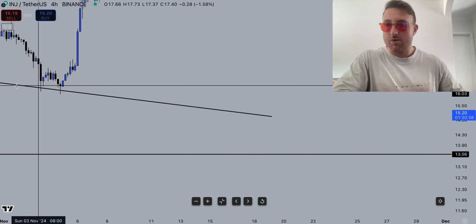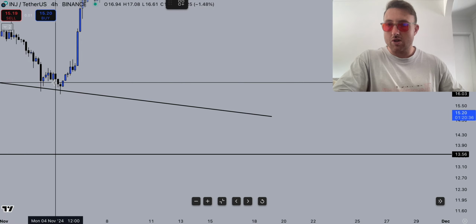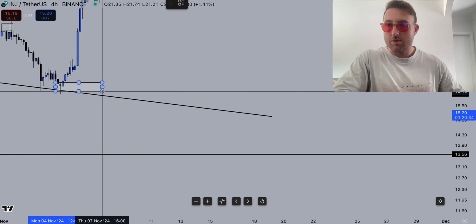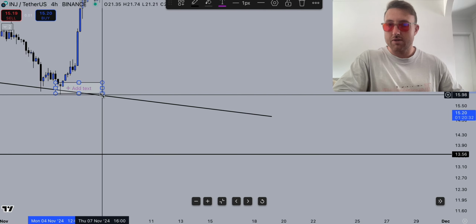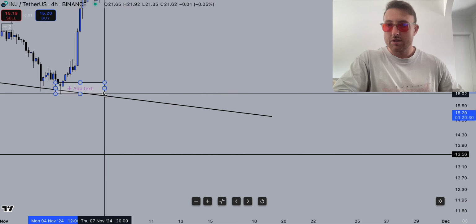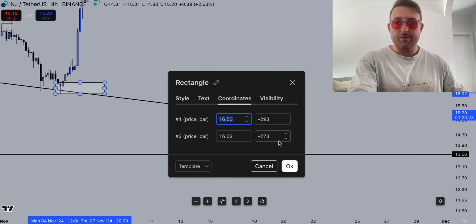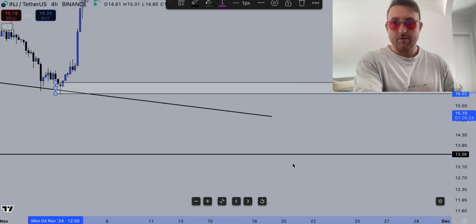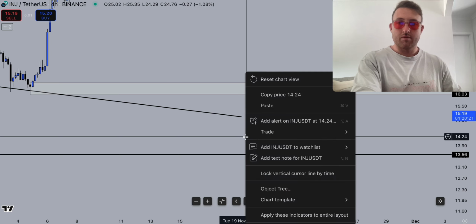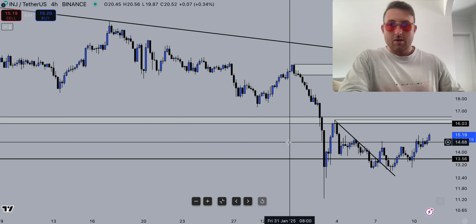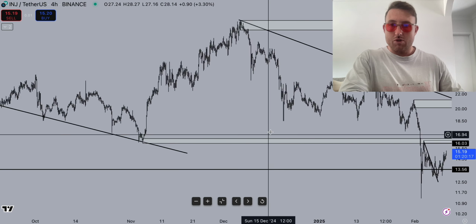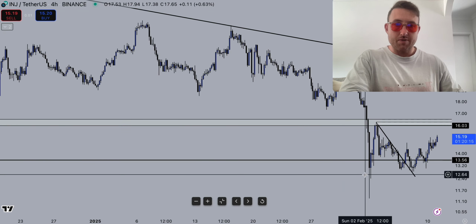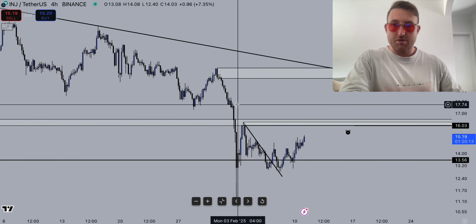The bottom candle that's come down, we can literally just highlight that candle and see if it's reacted in the past. Well, that's a bad example because that's blown straight through, but that's the momentum.